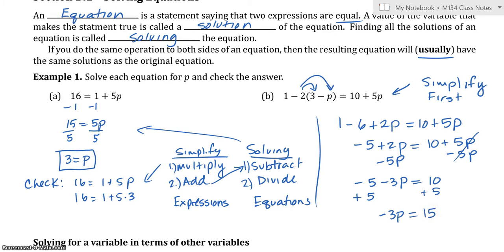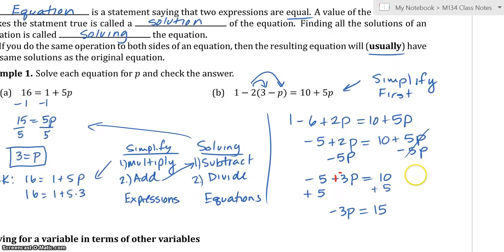Now, why is it negative? Well, if you remember, subtracting a number is adding the opposite. So I'm just going to write that there in red, adding the opposite, because on this one I really am subtracting that 5. If I had this written the other way, it would have been negative 3p minus 5.